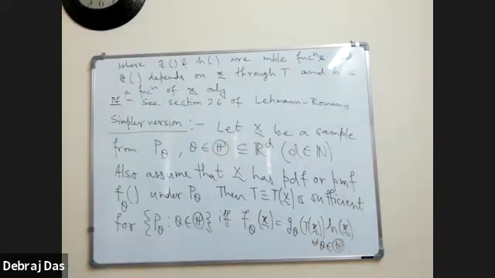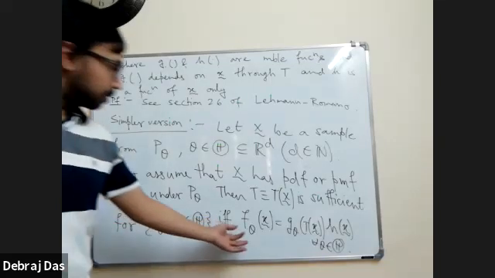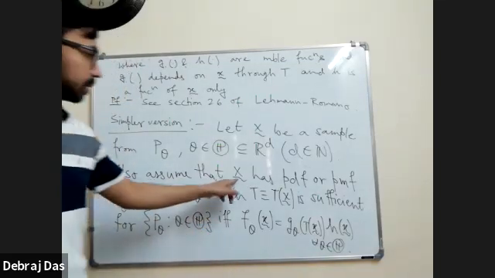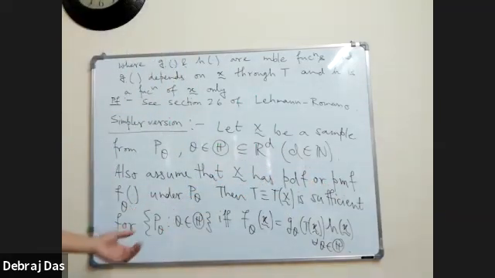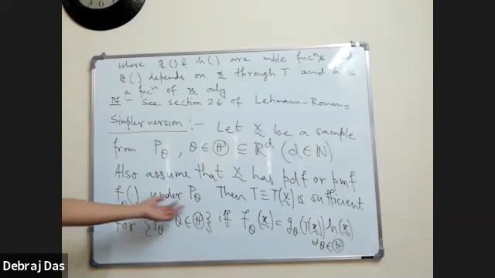So this is a simpler version, which I think you have seen before. This is for the parametric family, and whenever the sample X curl has PDF or PMF, it cannot be a mixture. So PDF or PMF, f theta, under P theta.